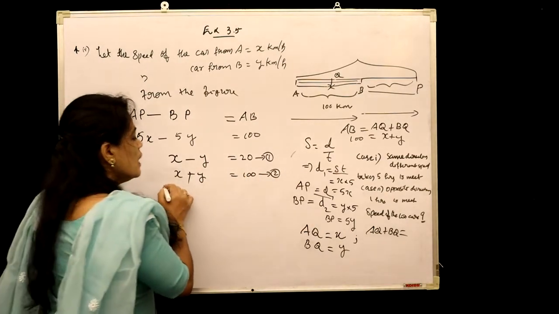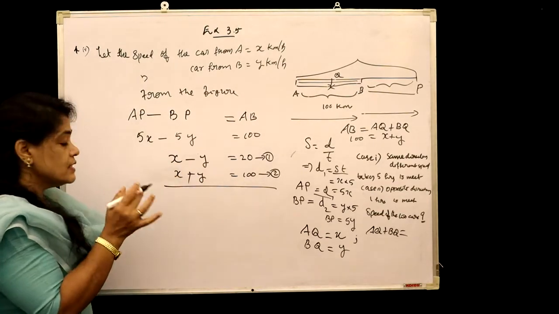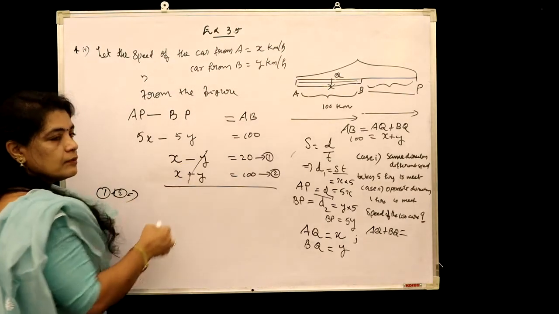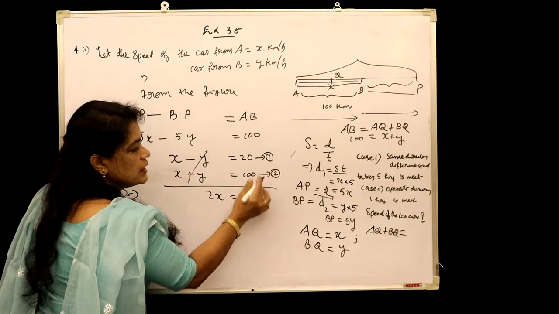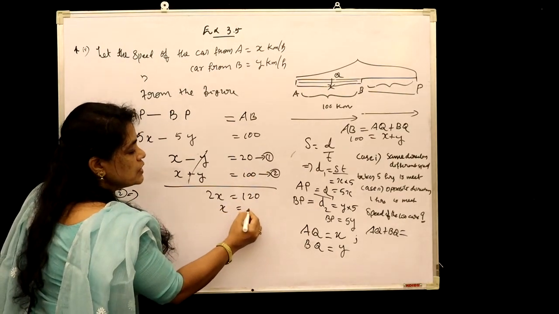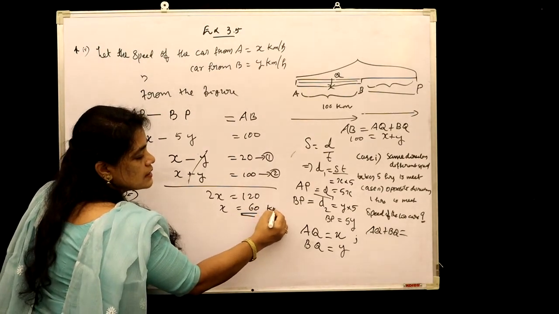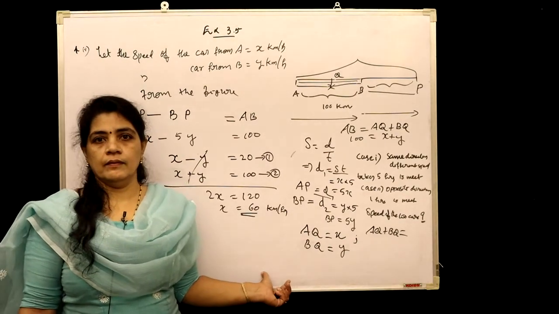So I am going to add, because they have opposite signs, you can just add 1 plus 2. This term gets cancelled, 2x is equal to 120, 20 plus 100. So x is equal to 120 by 2, which is 60. Since it is speed, its unit is km/h.